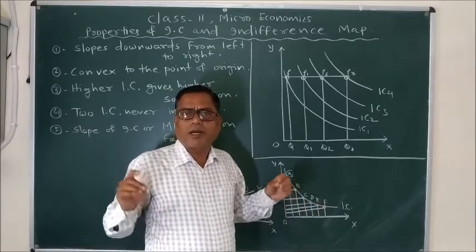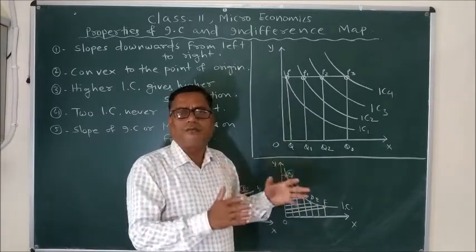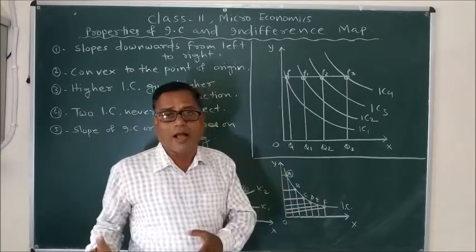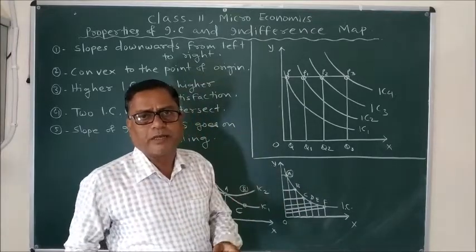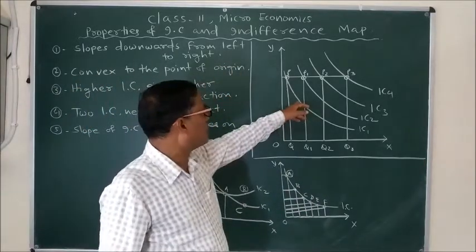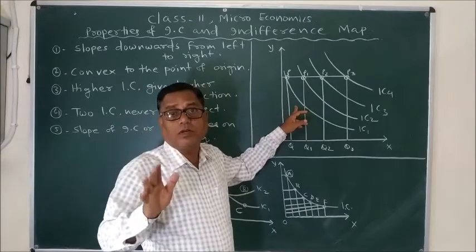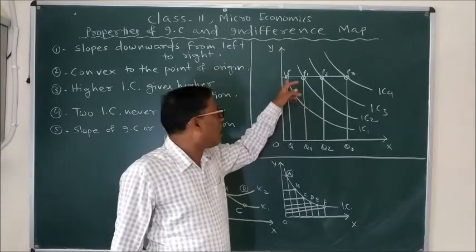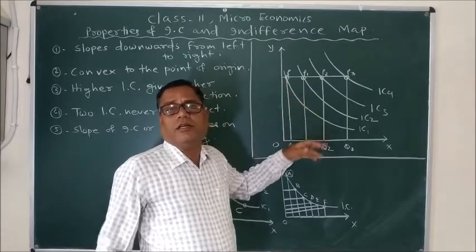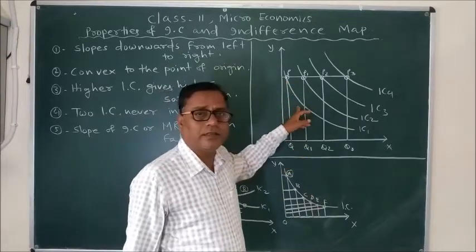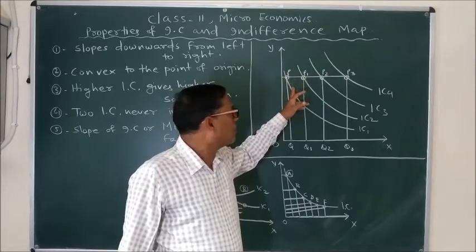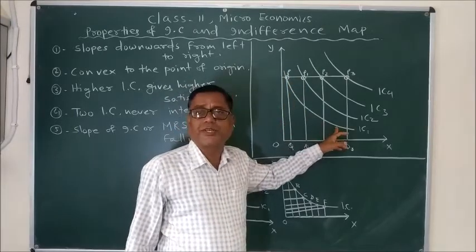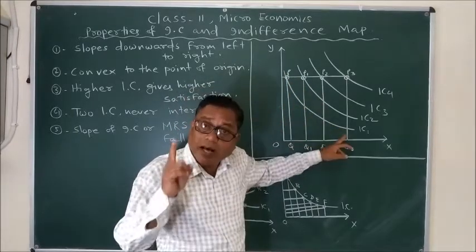However, whatever may be the number of x and the number of y our consumer is consuming, in totality he is getting equal satisfaction. Or in other words, we can say that our consumer is remaining indifferent among all the points that represent different combinations on a particular IC.